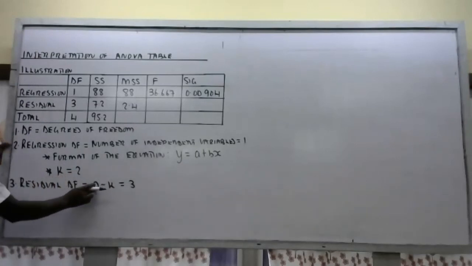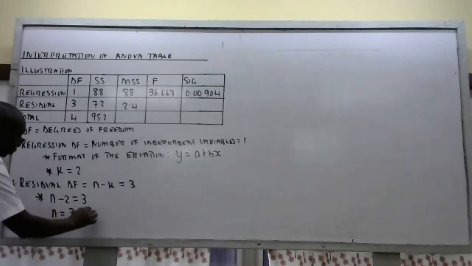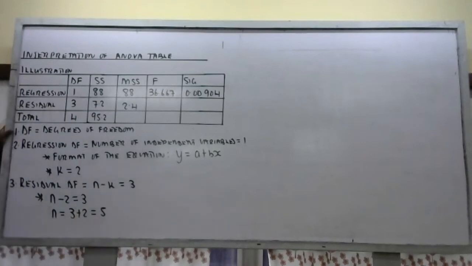Now that we know K, this can help us argue: n minus 2 equals 3, so n must be 3 plus 2, which equals 5. So that means you are dealing with data that has 5 observations.